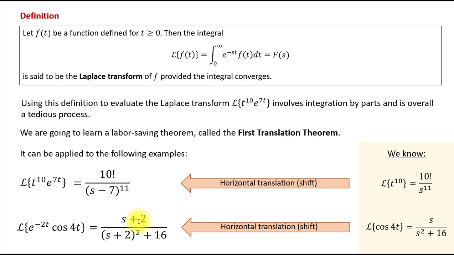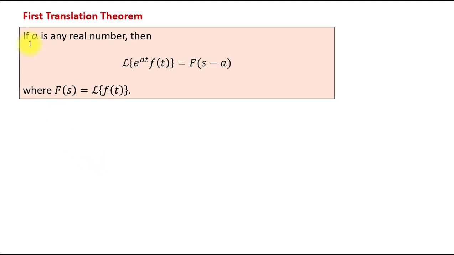So that is the idea of the first translation theorem, and now it makes sense where the name comes from. So let's look at the formal definition of that theorem. It says that if a is any real number, and then what is a? Well, a is the coefficient of t in the power of e.